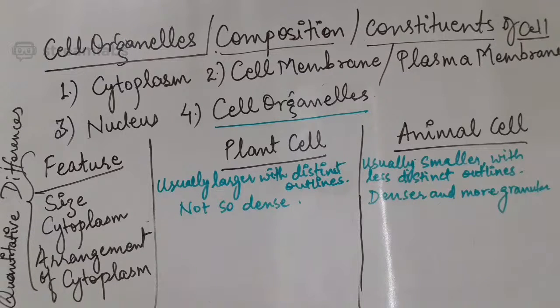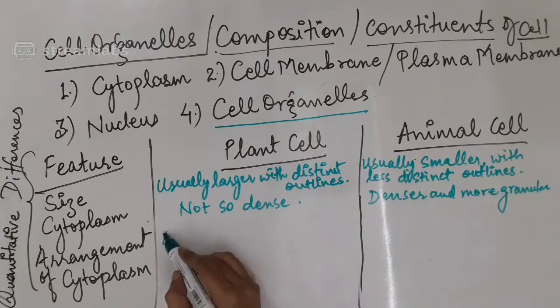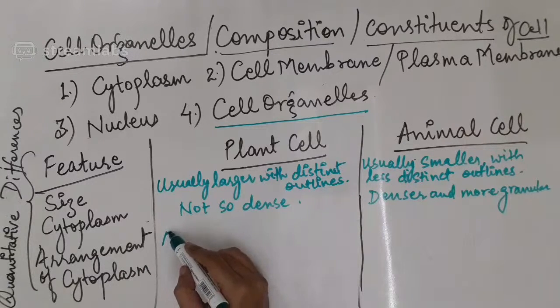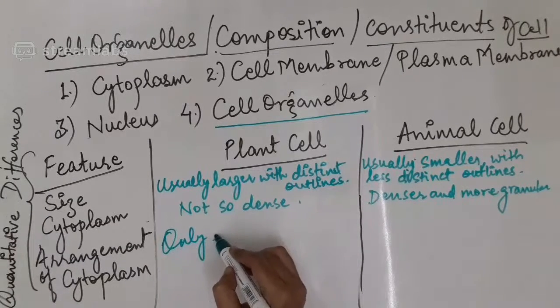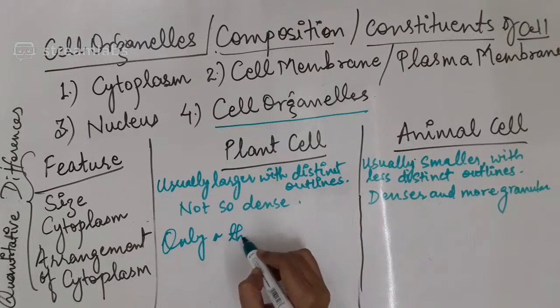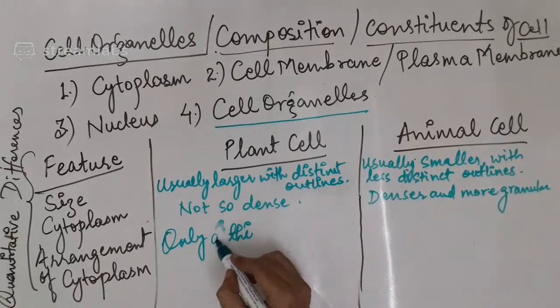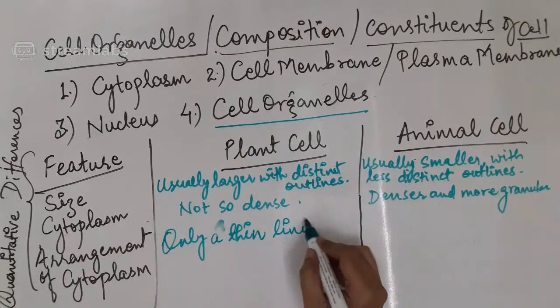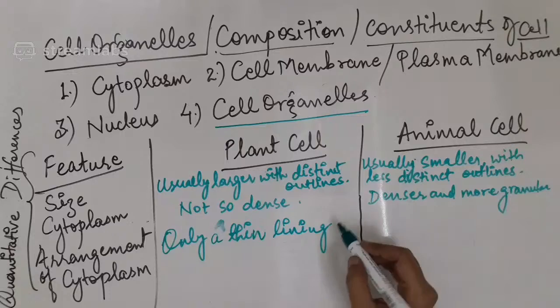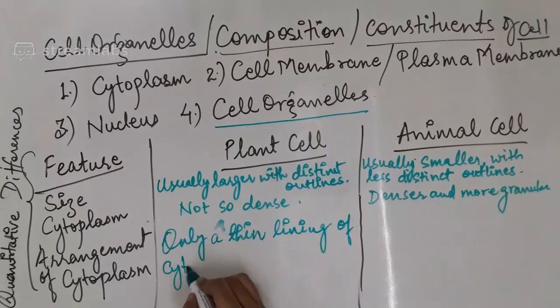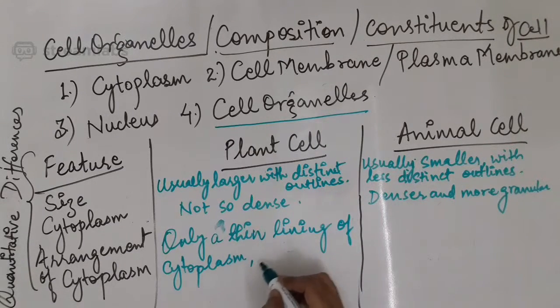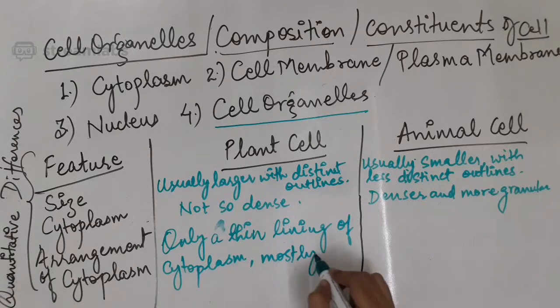In a plant cell, the cytoplasm is arranged only as a thin lining. So you can write it like only a thin lining of cytoplasm, mostly it is in pushed form.